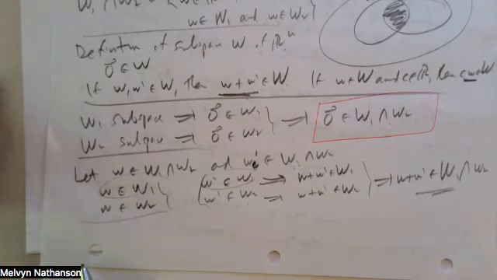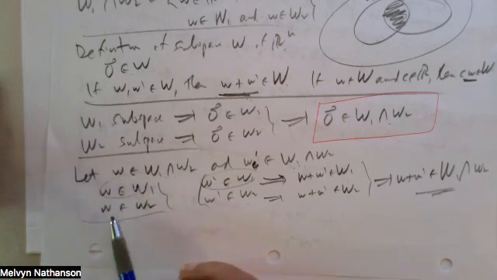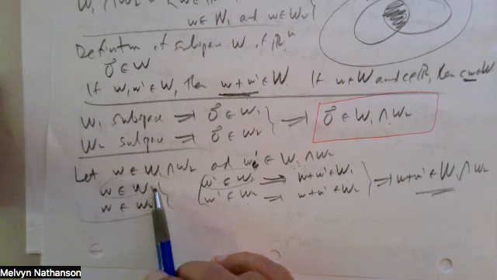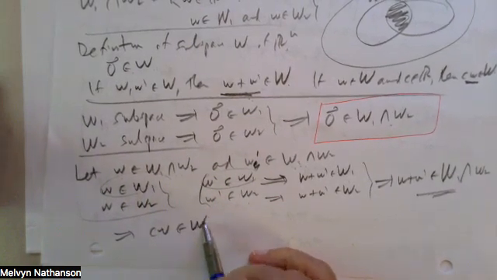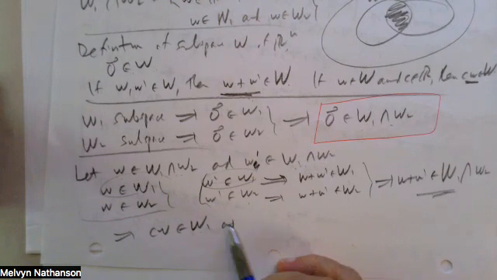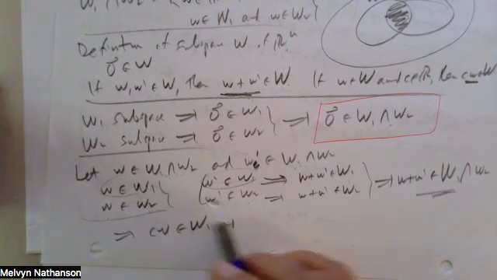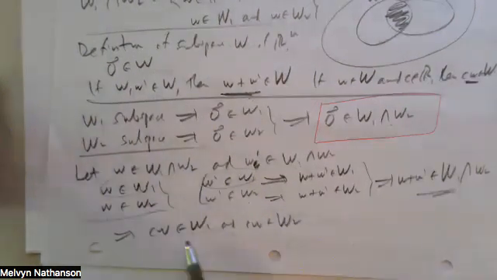And similarly, if W is in W1 intersect W2, that means W is in W1. So C times W is in W1 because W1 is a subspace and is closed under scalar multiplication. And W is in the vector space W2, so CW is also in W2.